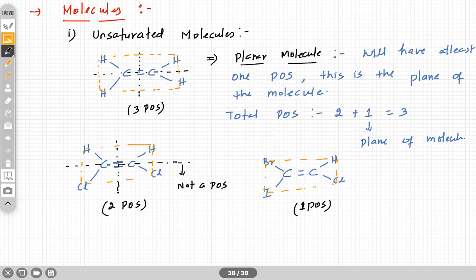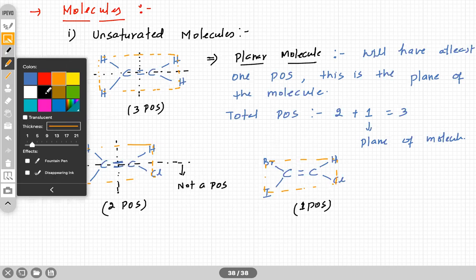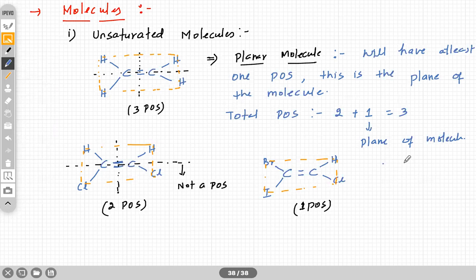Okay, could you tell me the number of POS present in this molecule? Okay, this one. In this also easily you can understand, we'll have a plane of symmetry along this line.